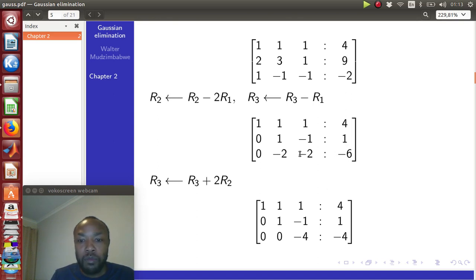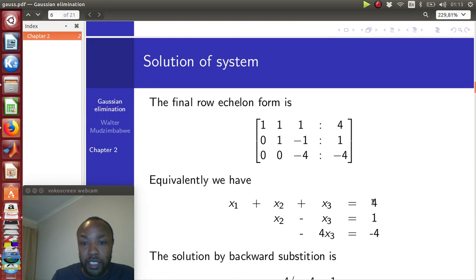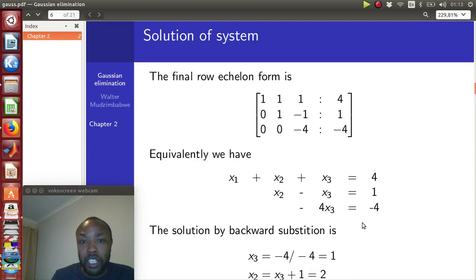Okay, the effect of this is that we want to get zeros below, right? Zeros below this number. We have them zeros. Also below 1 we want this 0. You will see that this makes finding the solution easier, as this slide is showing. Okay, so now we have the final form of the augmented matrix, which is also referred to as the row echelon form.